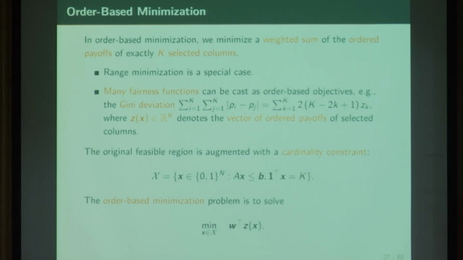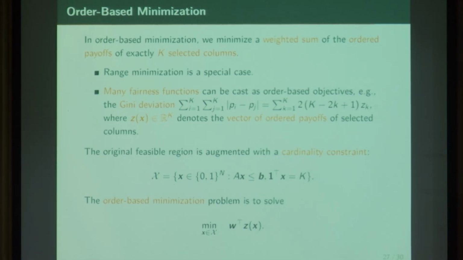Two more things. The first one is this extension. You can think about range minimization as a special case of order-based minimization. So instead of just taking into account the 2 extremes, the maximum and the minimum of the payoff, you want to take into account the order of all the payoffs.